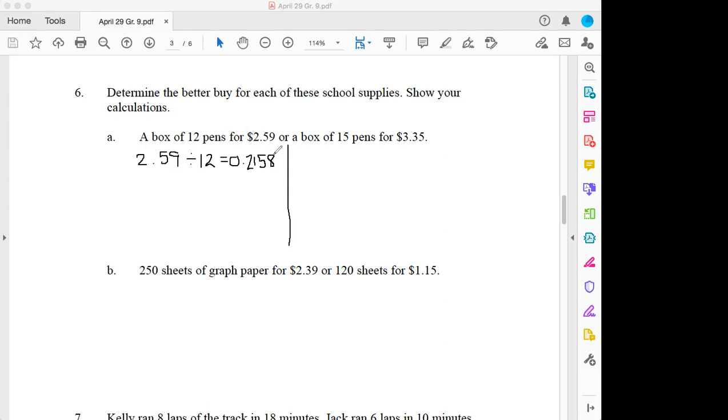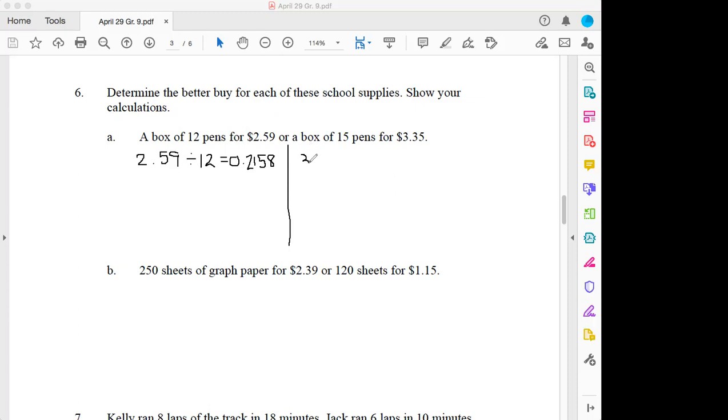And I'm doing more decimals here because you're going to find out in the next problem that if you round, it gives you the exact same answer. So you do have to put as many numbers as possible just to see which one would be more expensive.